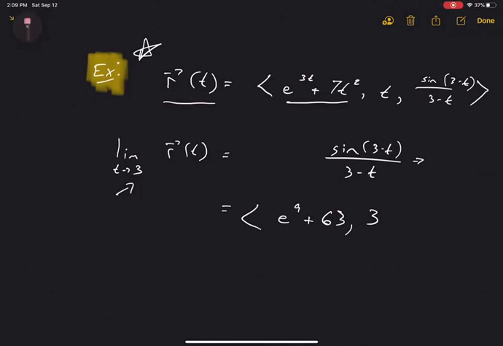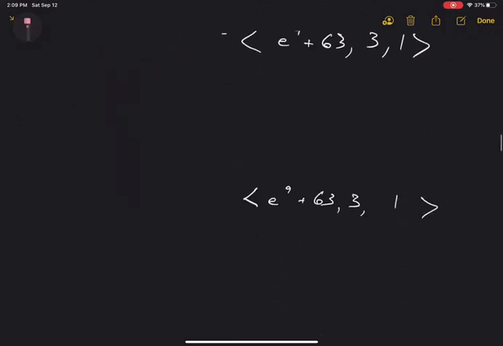So the limit in the third component is 1. As you see here, we might have to use the same limit techniques we learned in Calc 1 to compute the limits of these components. I used L'Hopital's rule there and got the limit of that component as 1, which is what I had erased before.